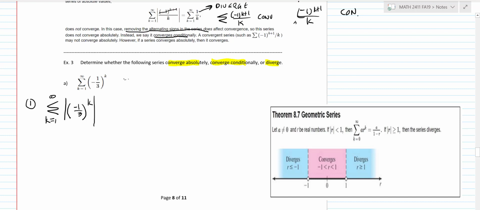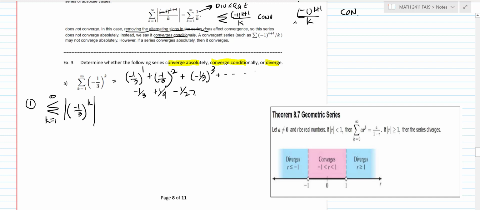What's going to happen here, if you wrote out the terms, which you don't necessarily have to do, is you would have -1 to the first, plus (-1/3) to the second, then (-1/3) to the third, and so forth. You're going to end up with a negative term, a positive term, a negative term, and so forth.